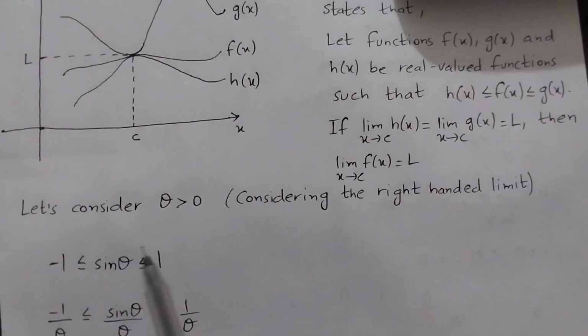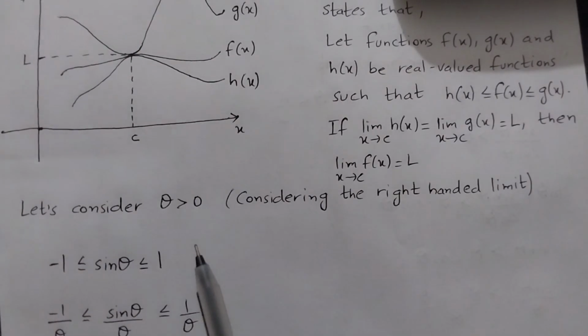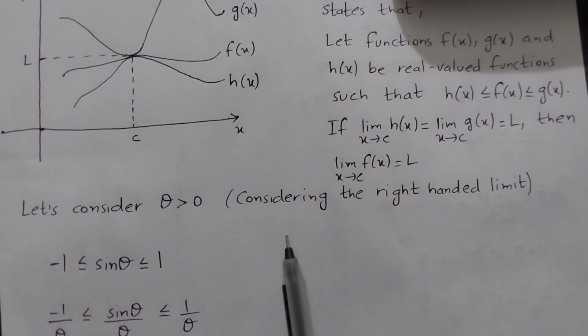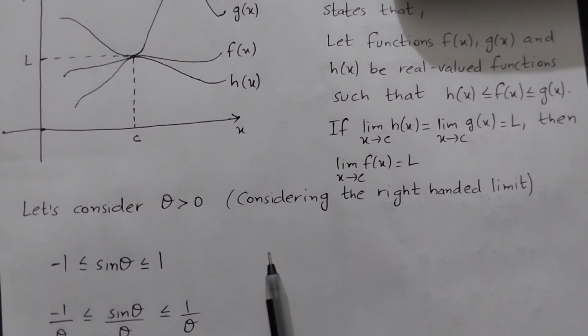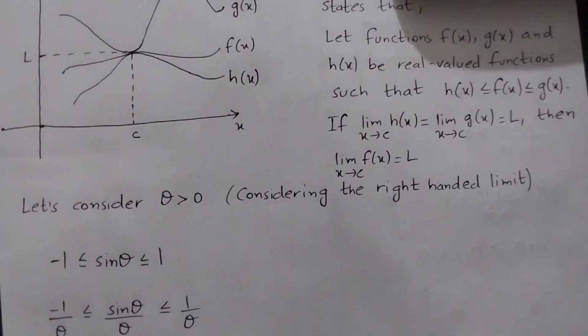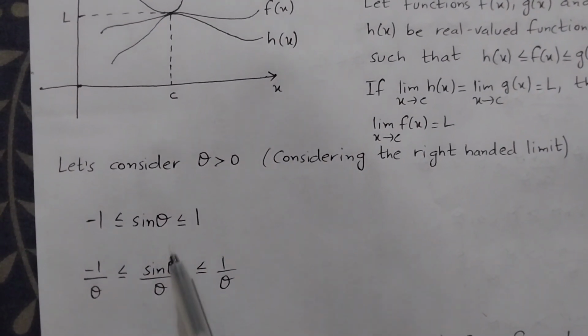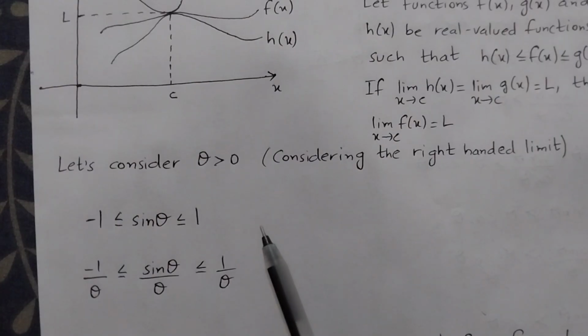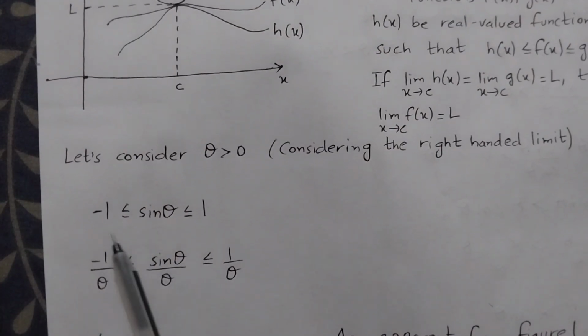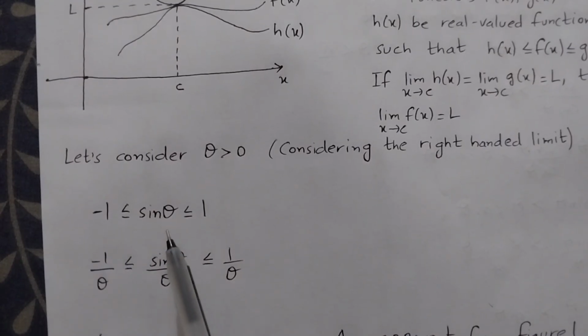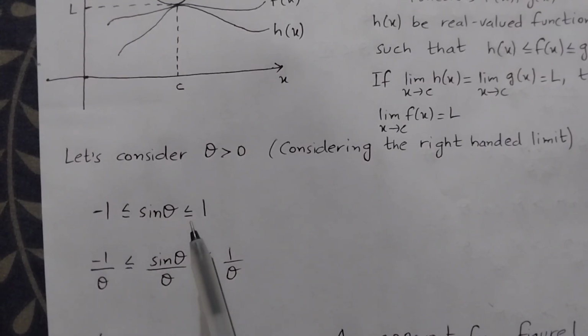So what we are interested in is sine theta over theta, because we are finding the limit for that particular function, and we need three functions and we need inequalities. So this can be our starting argument, the range of sine theta, because our function involves sine theta.